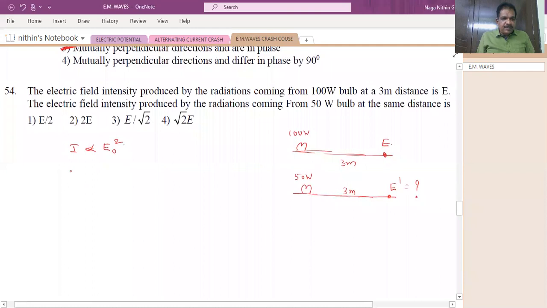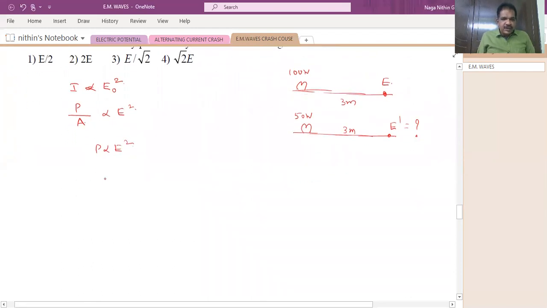Intensity means power per unit area per unit time, so power by area is proportional to E square. So P proportional to E square. So we can write P1 by P2 is equal to E1 by E2 whole square.